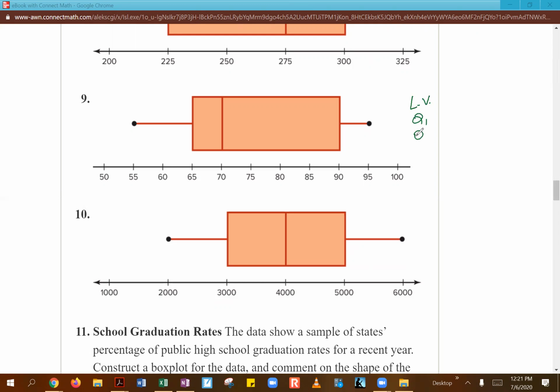Quartile 1, quartile 2, quartile 3, and then the highest data value, and then our interquartile range. So for number 9, what do you think it is going to be?